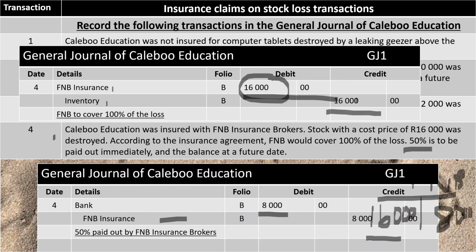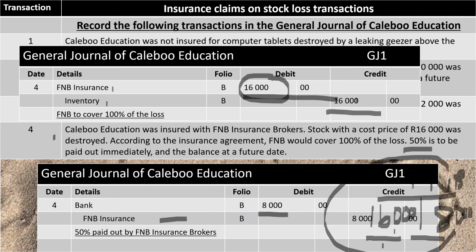Now what's nice is we have a record of what FNB agreed to pay, and what they have paid to date. If you balance this FNB account, 8,000 is still outstanding. So if there is some sort of problem, we know that FNB still owe us another 8,000, which they will pay out at a future date.